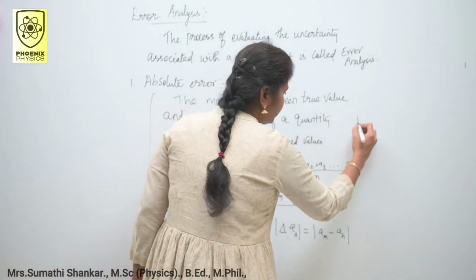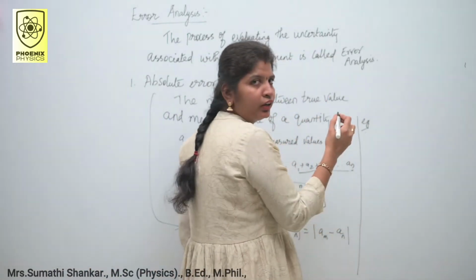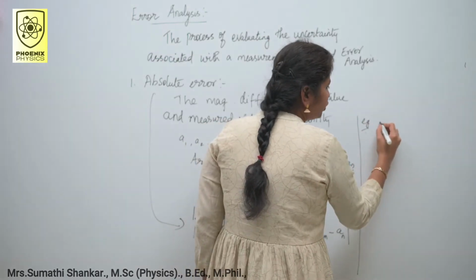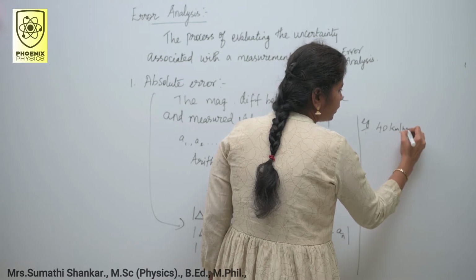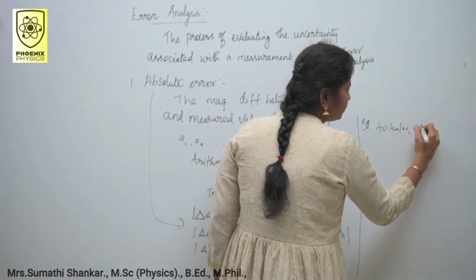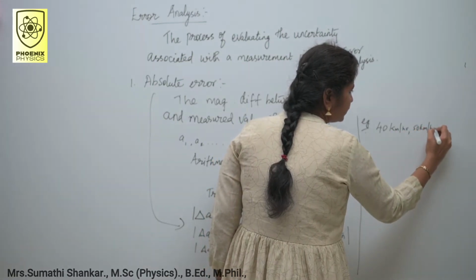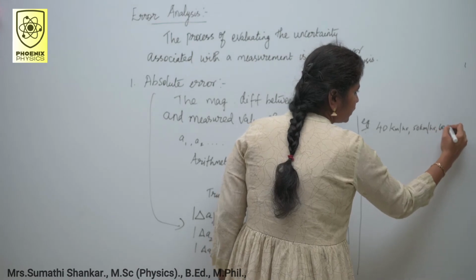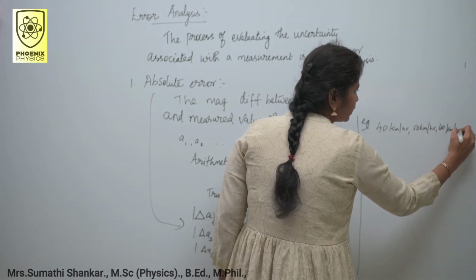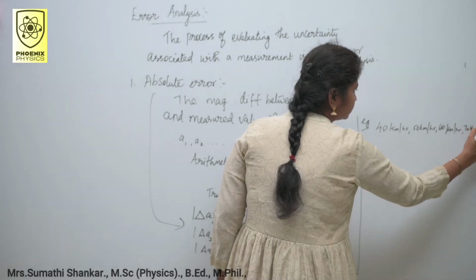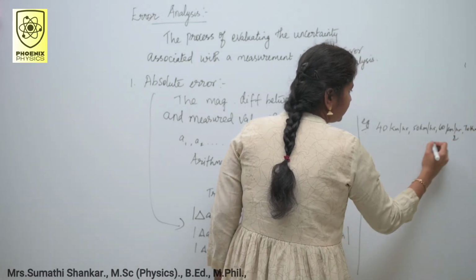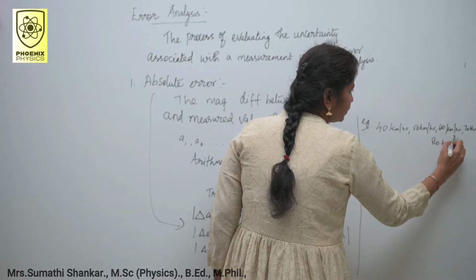Consider one example. The speedometer recorded the values as 40 km per hour, 50 km per hour, then 60, 70 and 80 km per hour.